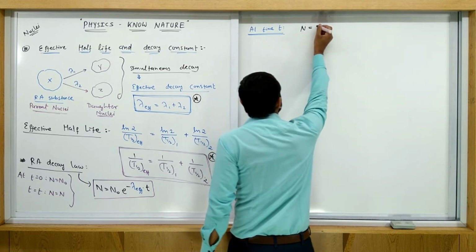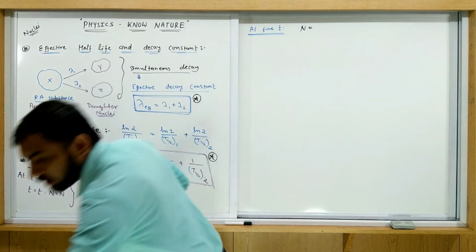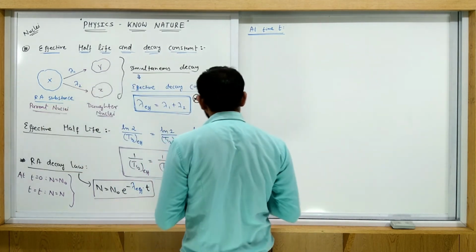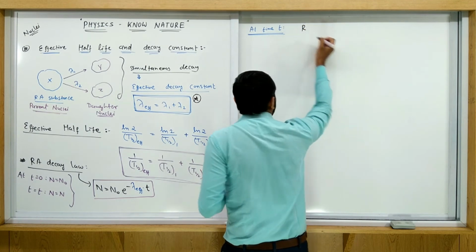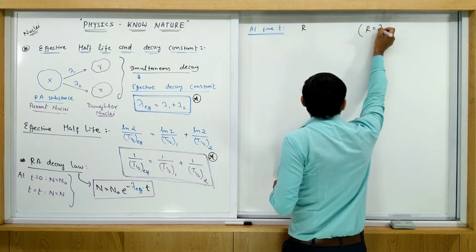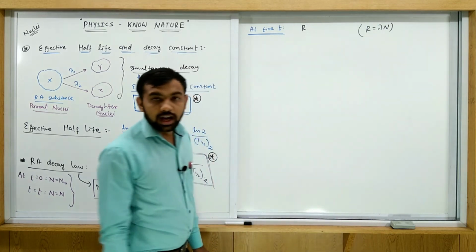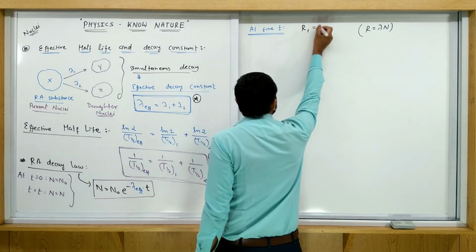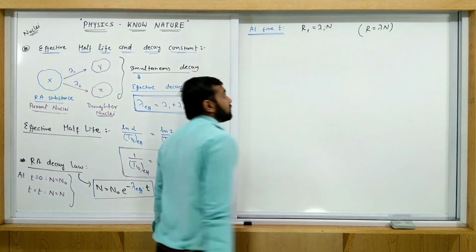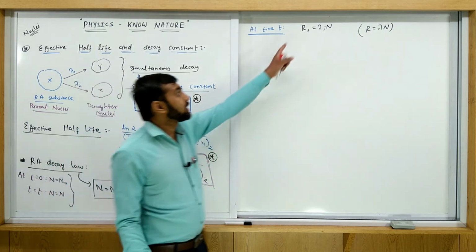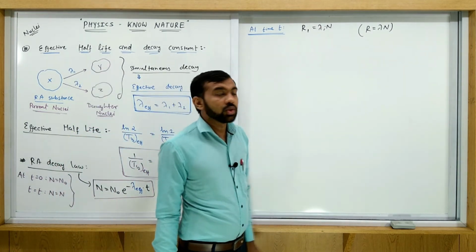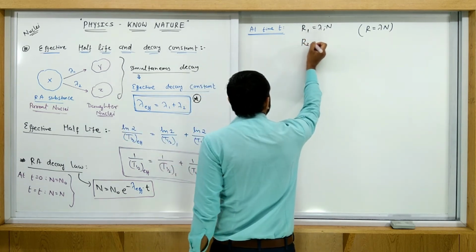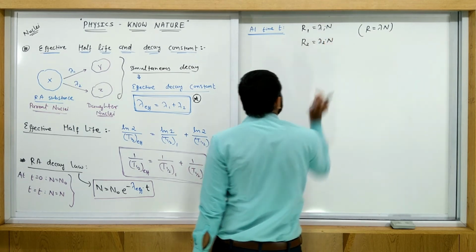Actually, activity R is equal to lambda into N. So the activity for Y is given as R1 is equal to lambda 1 into N. Similarly, for Z, R2 is equal to lambda 2 into N.